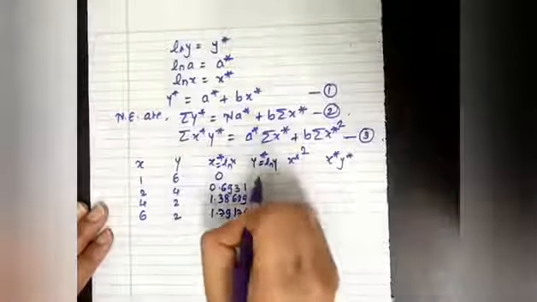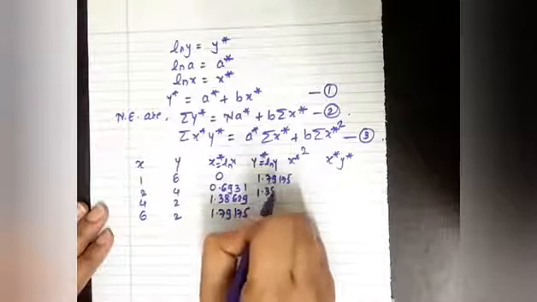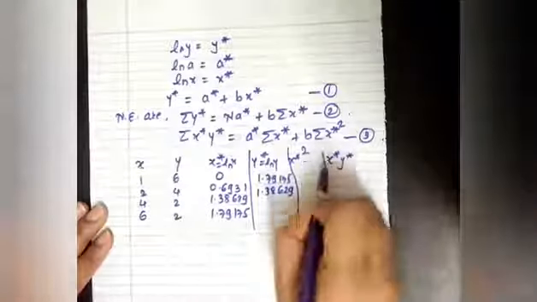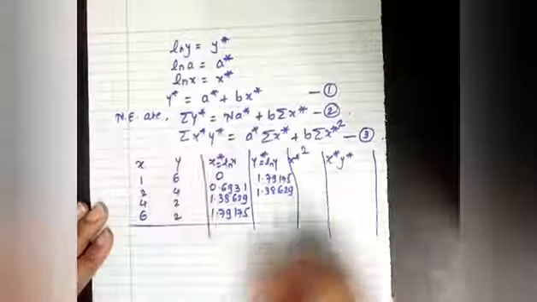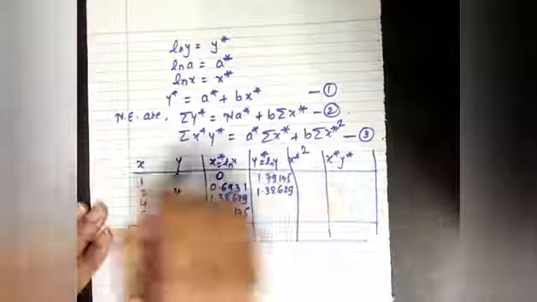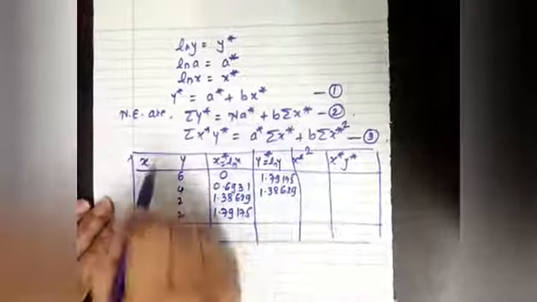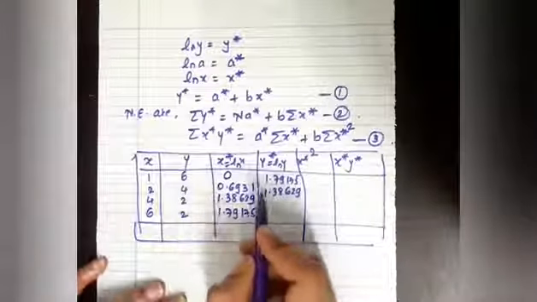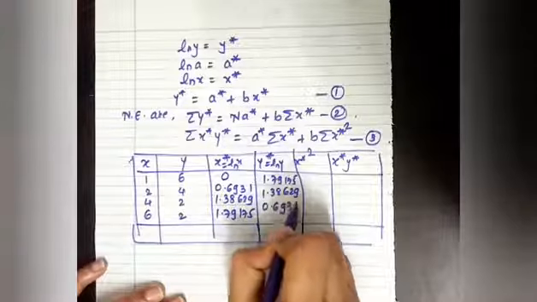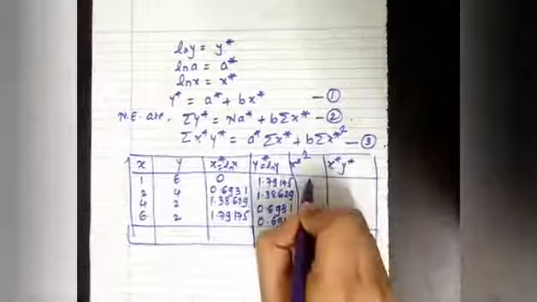Y star: 1.79175, 1.38629, next ln y, ln 2, that is 0.6931, and again ln 2, 0.6931. Next we write x star square, that is 0, 0.48038, 1.92179, 3.21036.